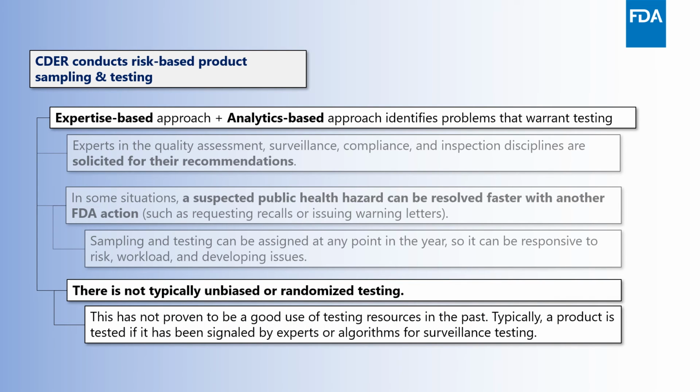This data-driven approach means that there is not typically unbiased or randomized testing, as this has not proven to be a good use of testing resources in the past. Typically, a product is tested if it has been signaled by experts or algorithms for surveillance testing.